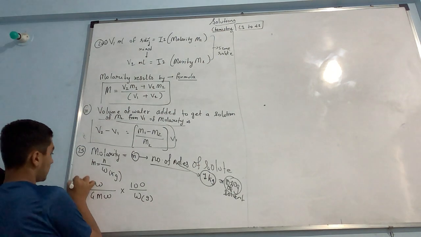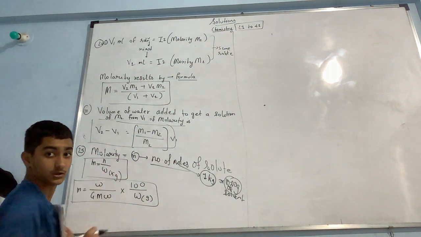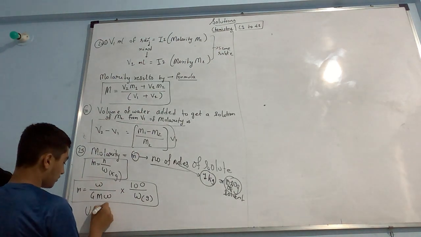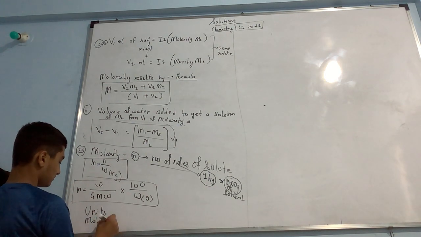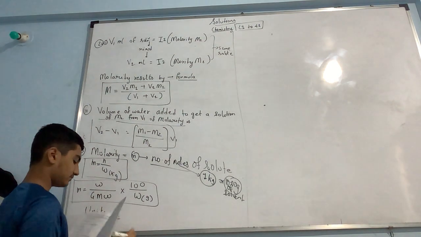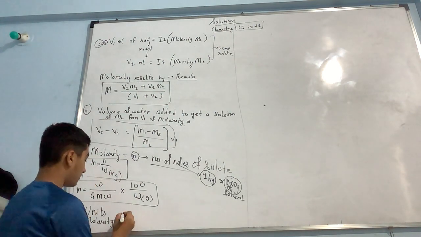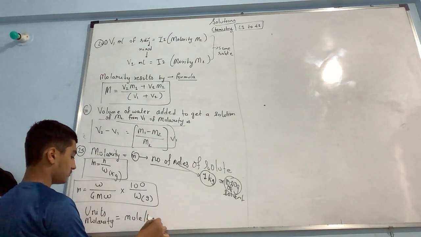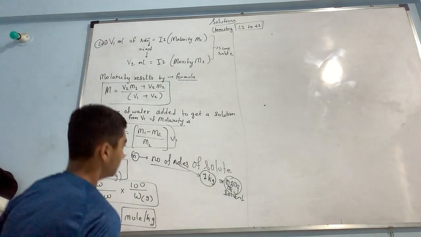This formula and this formula are very important. Can you tell me the units of molarity? The units are moles per kg. Mole slash kg, this is the unit, keep in mind.